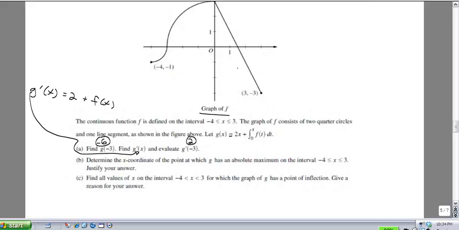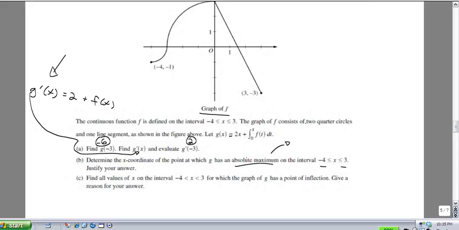The first time I did this problem for an absolute max, I checked the endpoints and then your critical values. So your endpoints would be negative 4 and 3, and then your critical values are going to be wherever your derivative is 0 or undefined. So that's one way to do it.